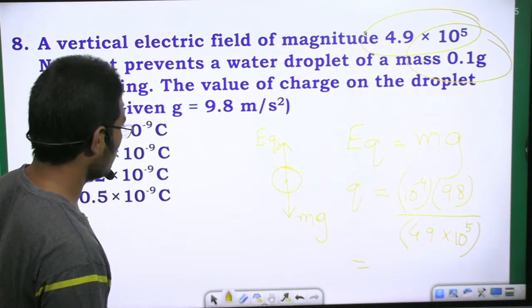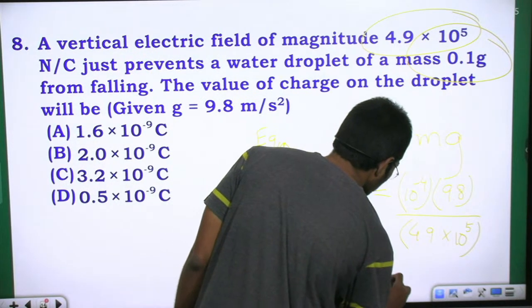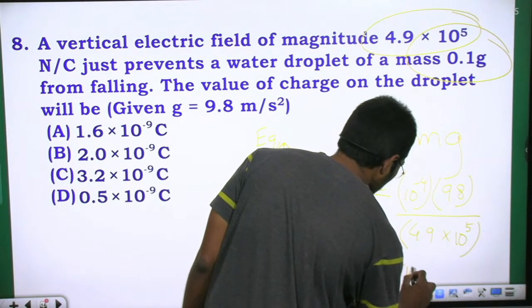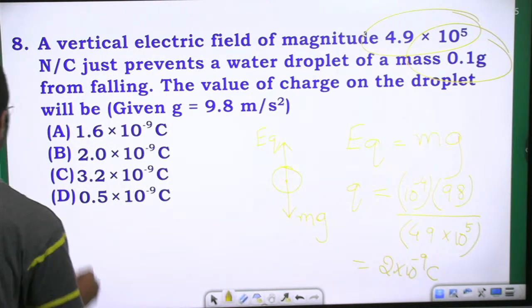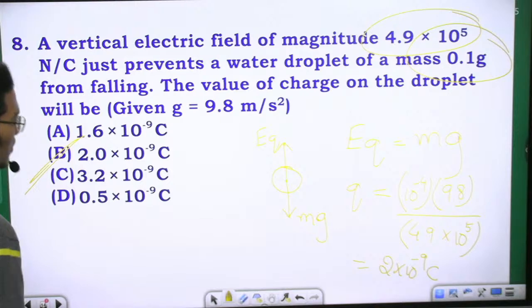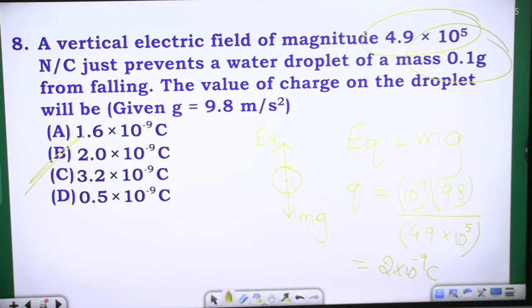So what do we get? 2 into 10 power minus 9 coulombs. So straightforward question, straight answer.